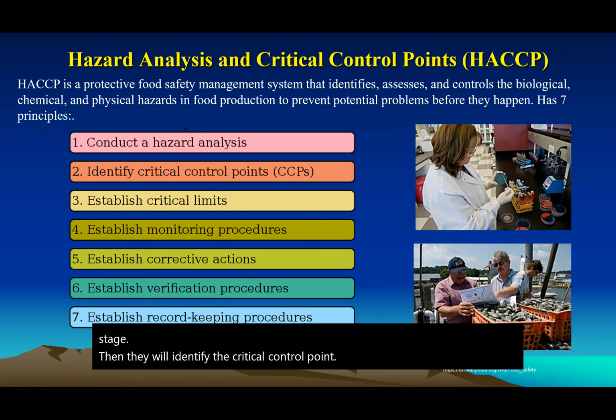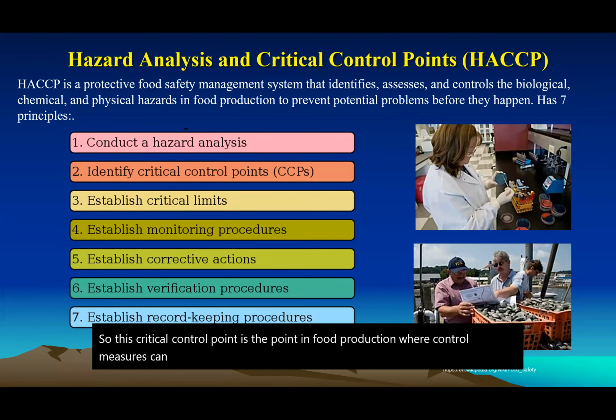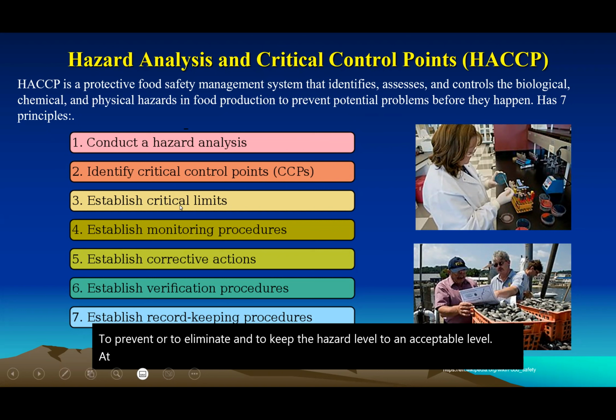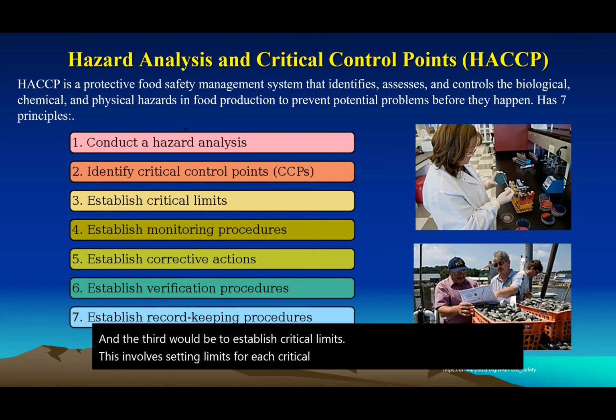So this critical control point is the point in food production where control measures can be applied to prevent or to eliminate and to keep the hazard level to an acceptable level. The third would be to establish critical limits. This involves setting limits for each critical point that must be met to ensure safety.